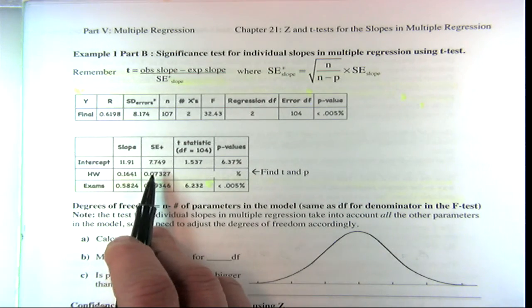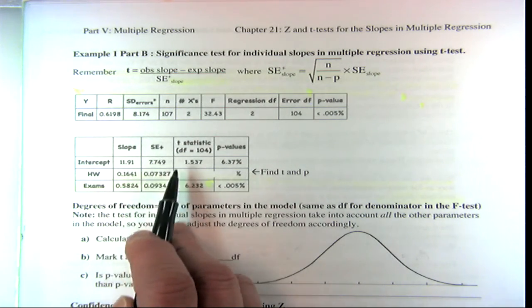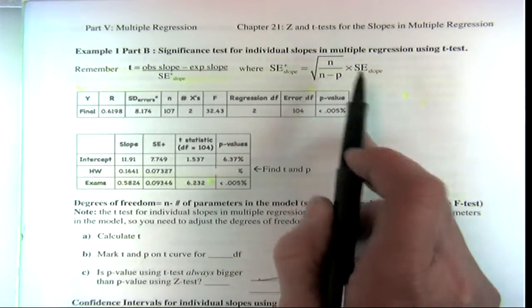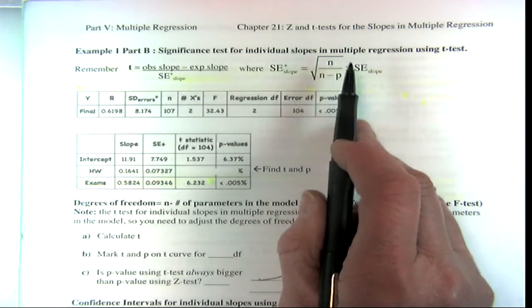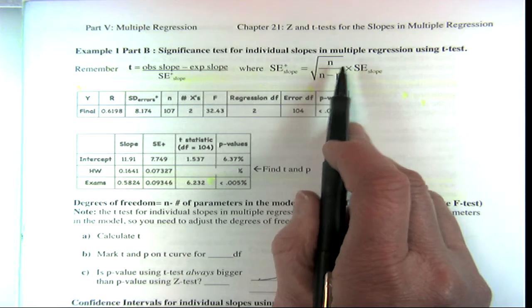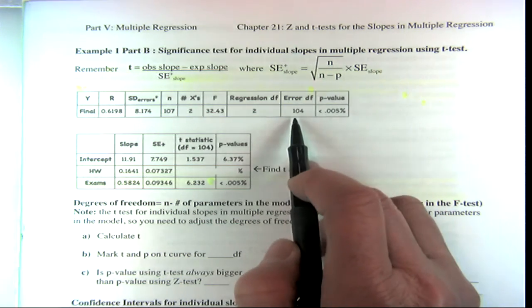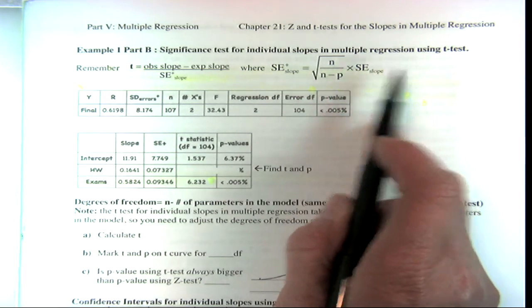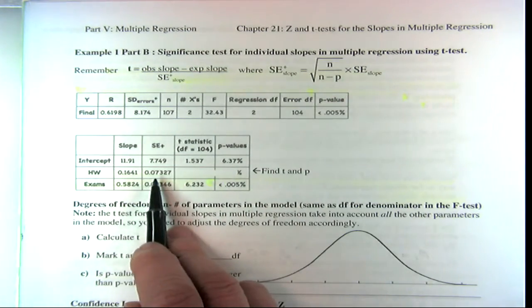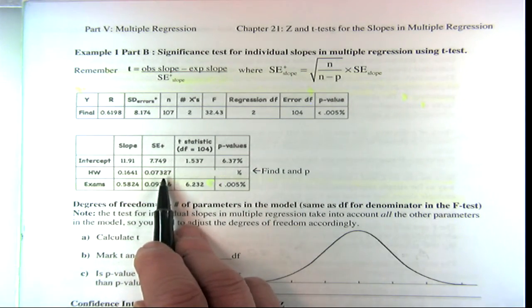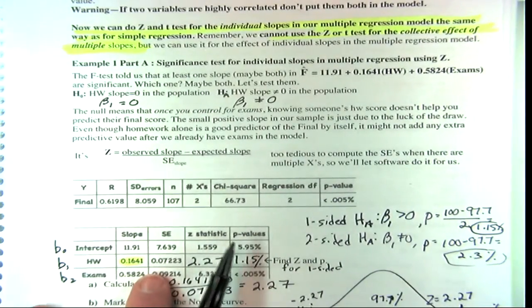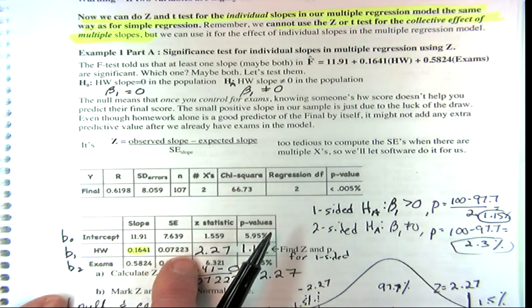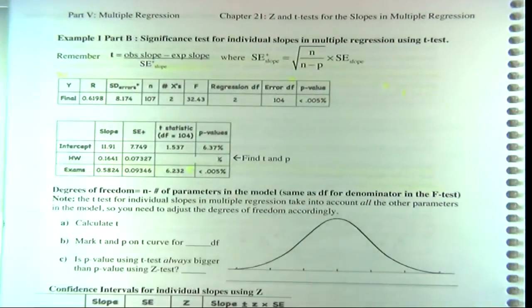We're just going to have a slightly bigger standard error here, slightly bigger by a factor of the square root of 107 over 104. You can compare them. Here you have 0.07327, and here we had 0.07223.